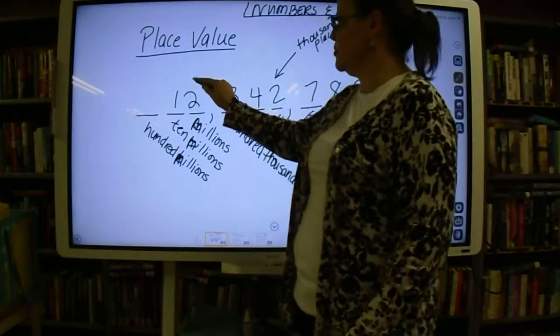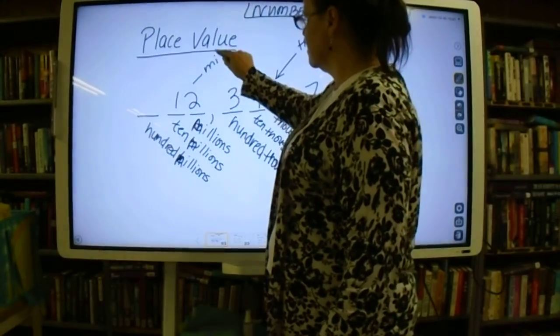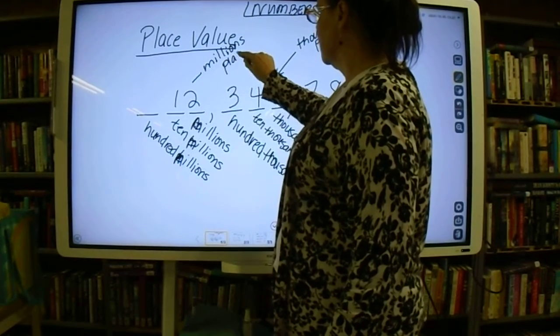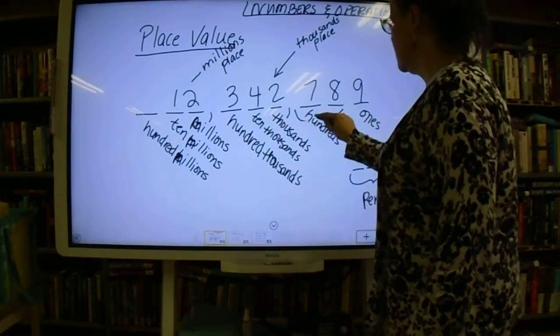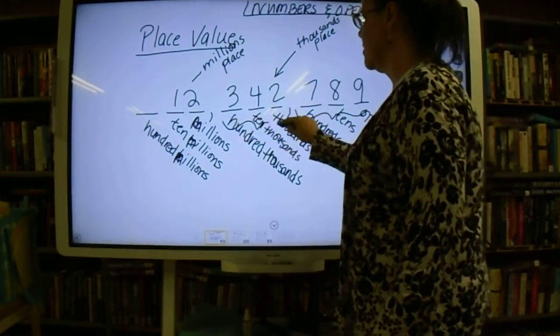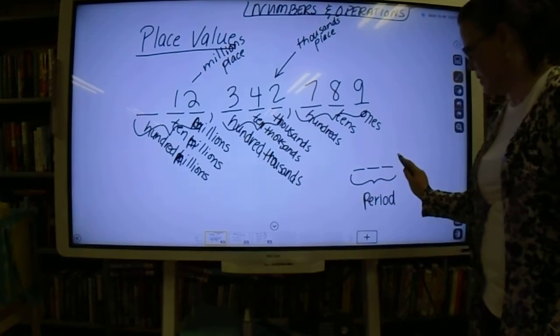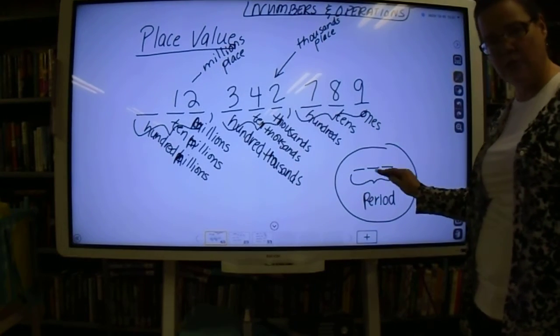And another 2 is in the millions place. And each of these little sections is called periods. And those numbers are digits, so this is what this is. Each little section is called a period.